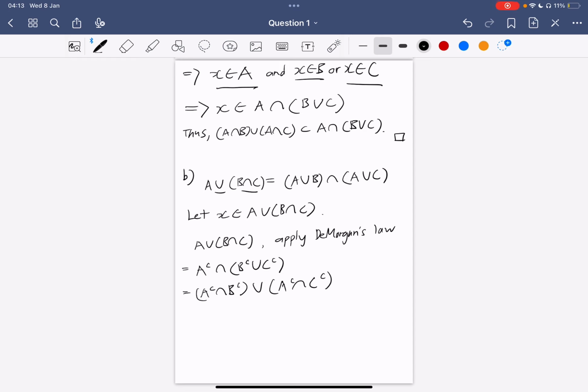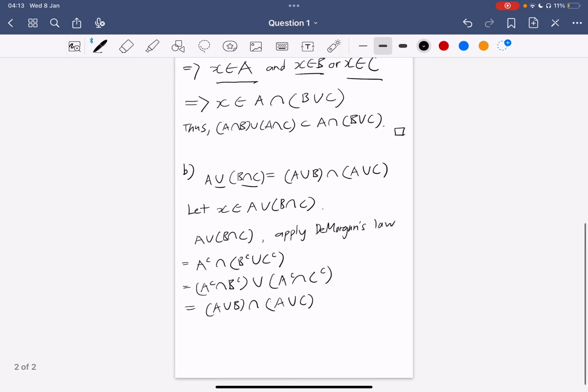Applying De Morgan's law again, we get A union B intersect A union C. Therefore, A union B intersect C is a subset of A union B intersect A union C.